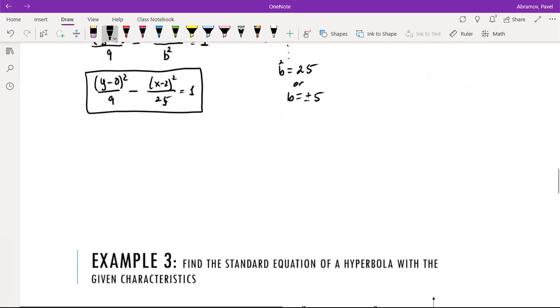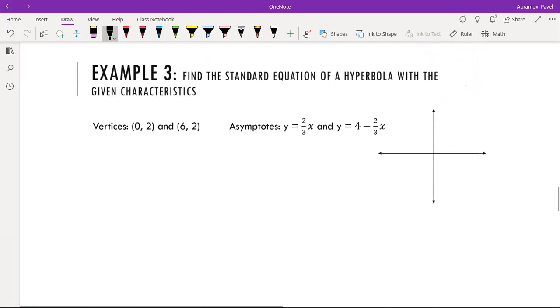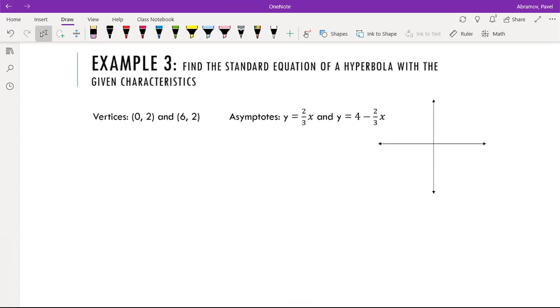Okay, let's talk about one more example of finding the equation, but here we're given vertices and asymptotes. So the idea is the same. We're going to graph or plot some of the points to give us an idea of what the hyperbola is going to look like. So we have points (0, 2) and (6, 2). So first we're going to put some intervals here.